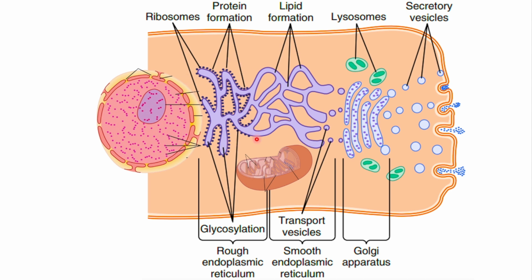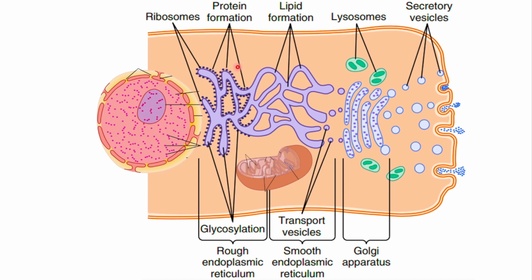Rough endoplasmic reticulum is said to be rough because it has a dotted appearance because of the presence of the ribosomes on its surface. The messenger RNA carries the genetic code from the nucleus to the ribosomes, and then the transfer RNA along with the messenger RNA and the ribosomal RNA all work together for the protein formation.